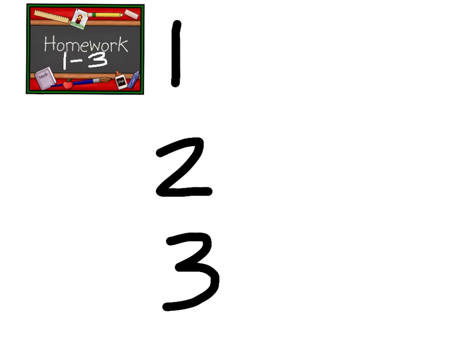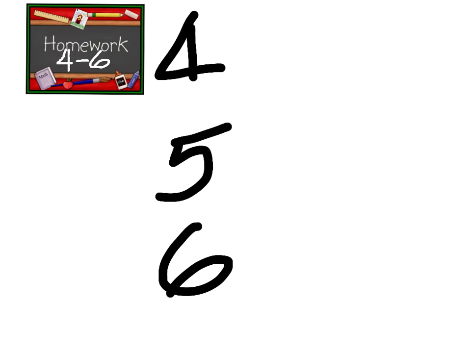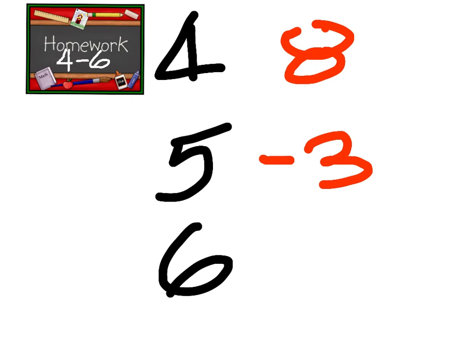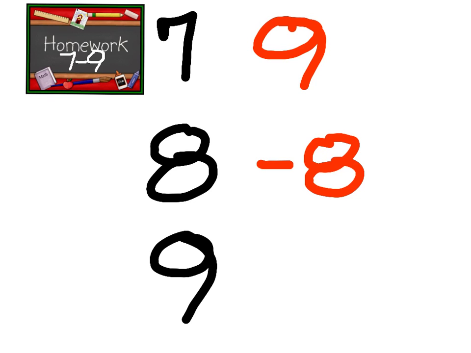Answers to 1 through 3 are 5, negative 10, and negative 4. Answers for 4 through 6 are 8, negative 3, and 0. Answers to 7, 8, and 9 are 9, negative 8, and negative 6.